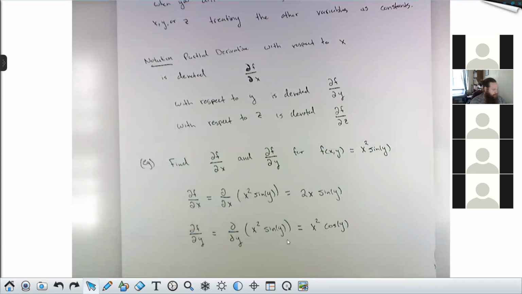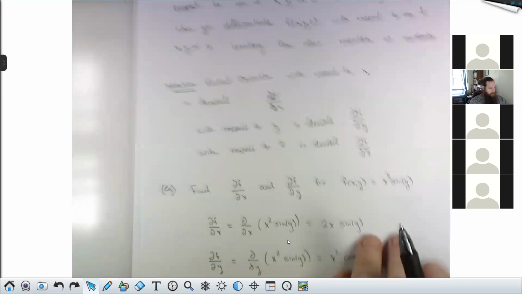Okay, one more example of partial derivatives, then I'll show you the theorem, and then we'll do some homework questions.